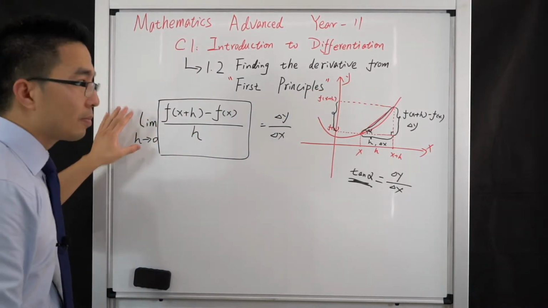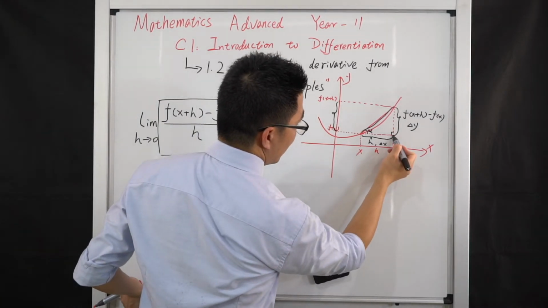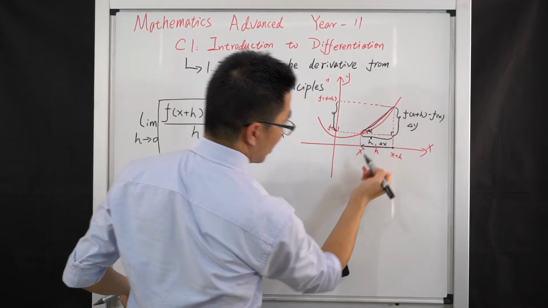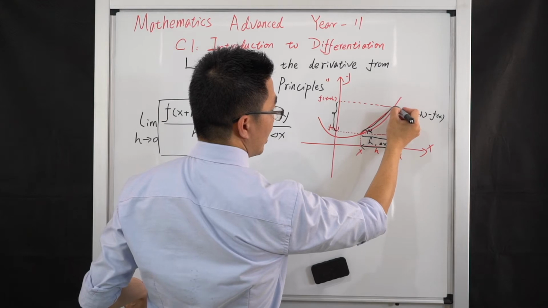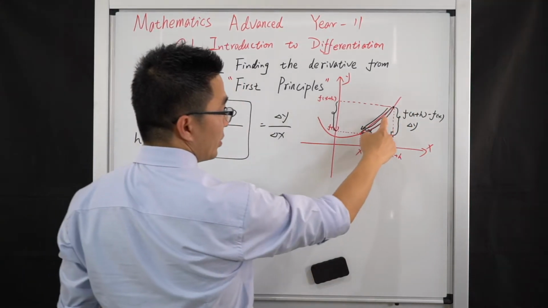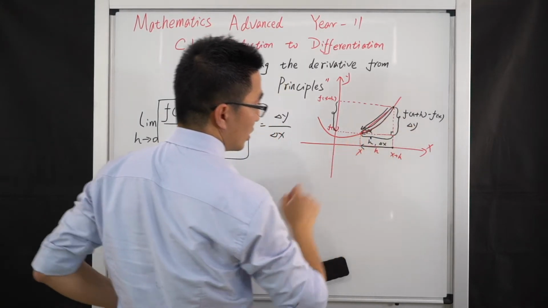With the limit, when h goes to 0, which means this point goes to this x, then this point will go to this point as well. So eventually, these points will go to this point.